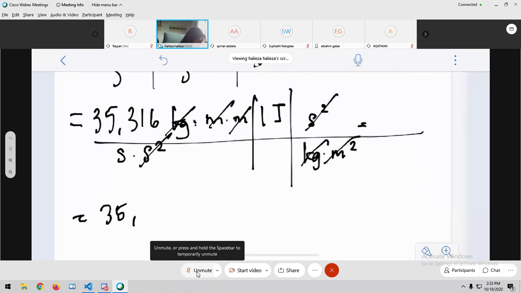Anybody want to comment? Doctor, I think it's kilojoules, not joules. Kilojoules, yeah. Have a look at the conversion table at the front page. It will be 35 kilojoules. You want to divide the answer by 10?